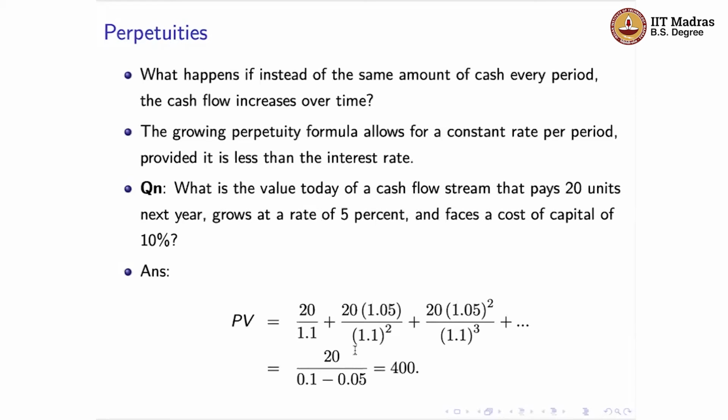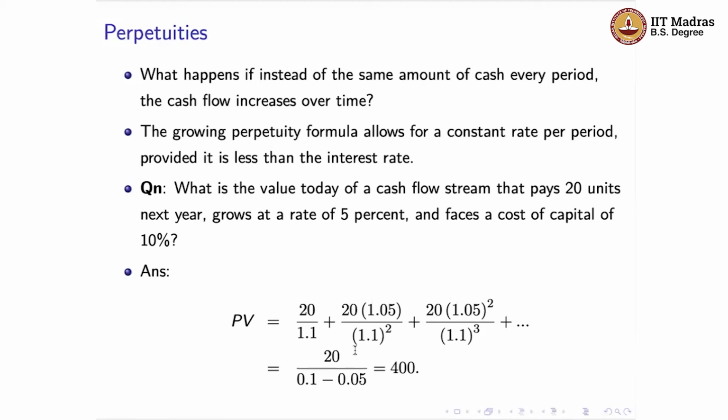That would be an example where you would expect the cash flow to increase over time, because if it is constant, because of inflation, the value keeps going down, right? So in this case, we can use a growing perpetuity formula if the rate at which the increase is happening is constant, okay? And this can be used as long as the rate of increase of the cash flow is less than the interest rate.